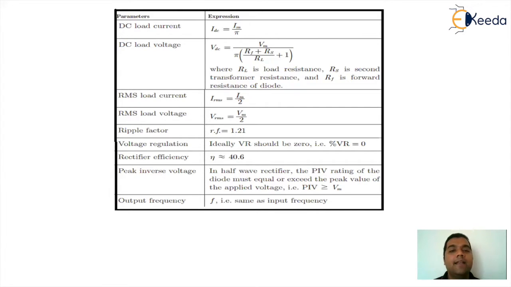In this circuitry, we have eliminated one cycle, so definitely the result is not going to be the same. That's the main point to remember: the RMS value of load current will come as Im by 2 and the RMS value of voltage will come as Vm by 2. On calculation, we get the ripple factor as 1.21.